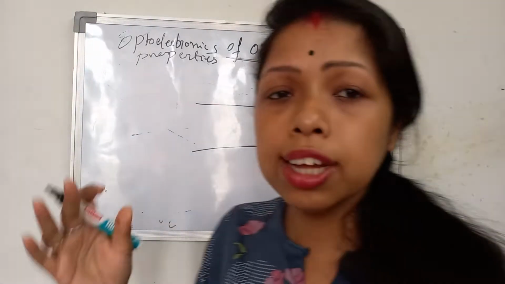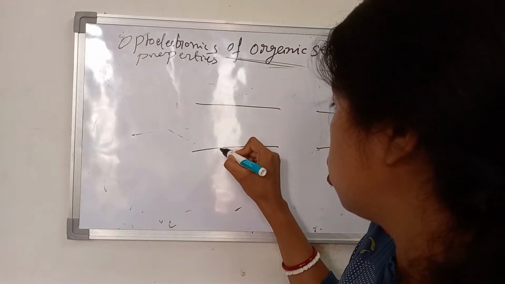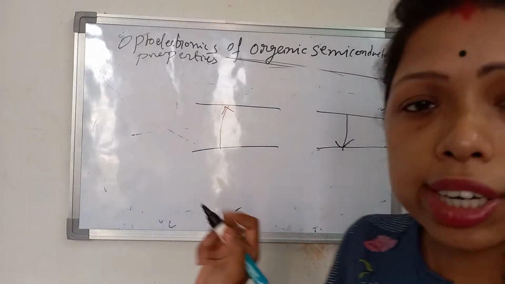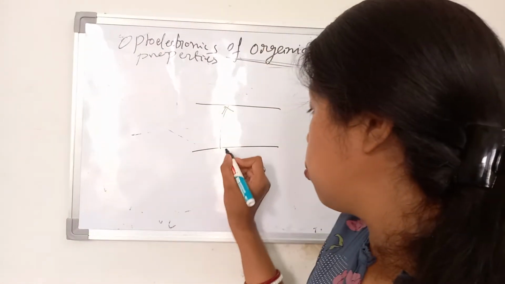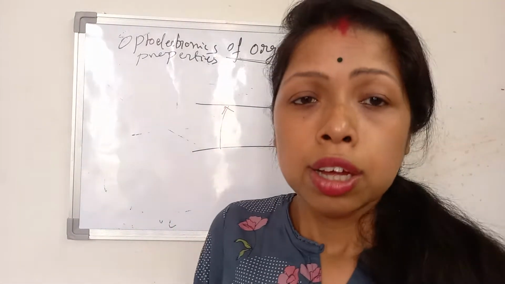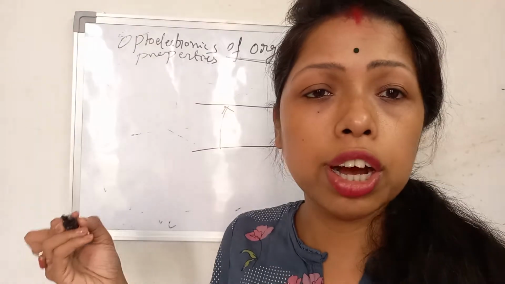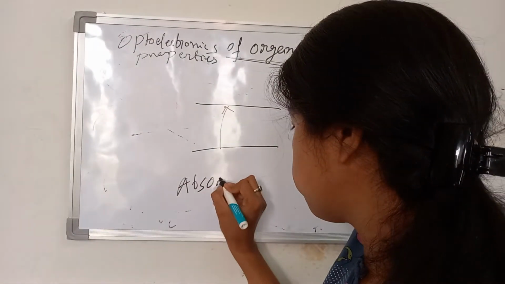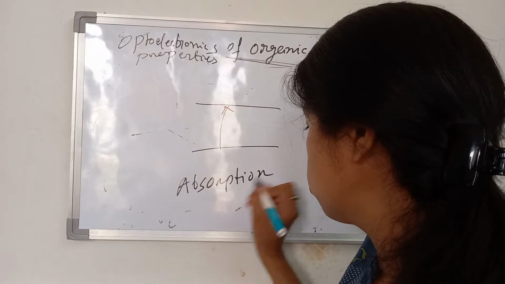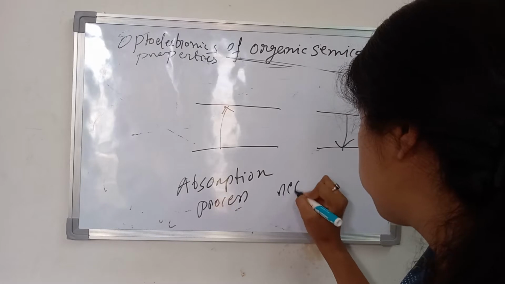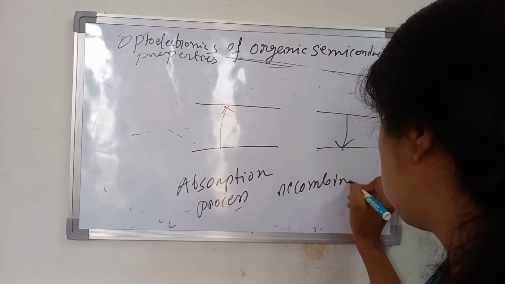There are two transitions. One is the lower band to upper band transition, and the other is the upper band to lower band transition. This transition takes place by the absorption process or the recombination process. One is the absorption process, another is the recombination process.